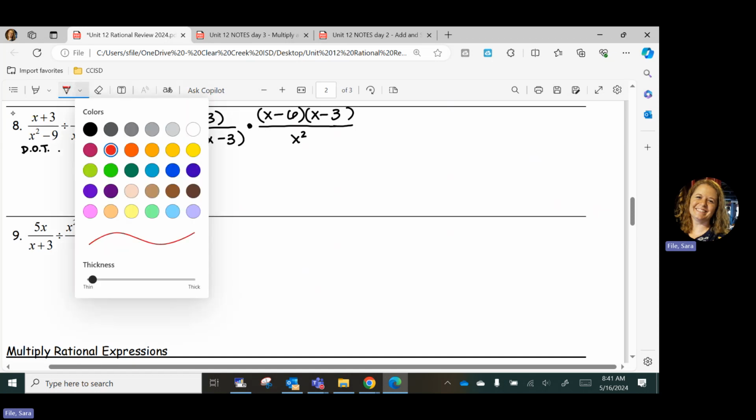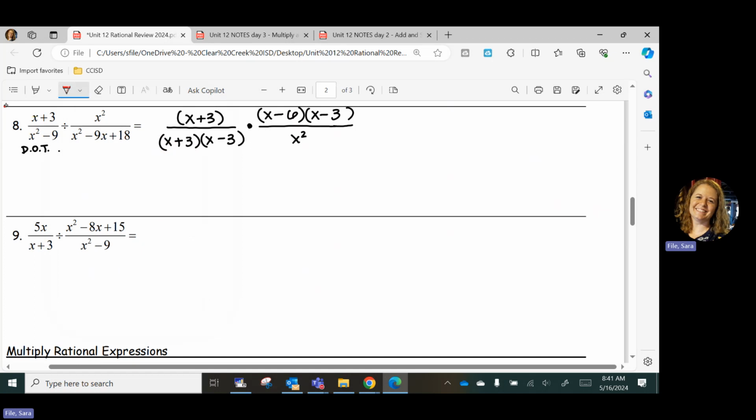Are there any common factors in the numerator and denominator that I can reduce? Across the board, okay? It doesn't have to be in the same rational expression because we're multiplying them. You can look across at one numerator and the other denominator and vice versa. X plus 3 for sure, here and here.